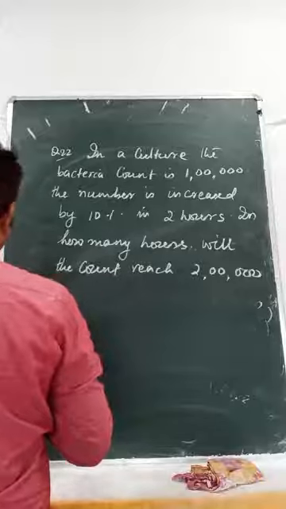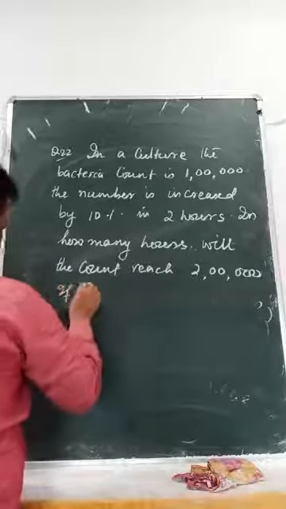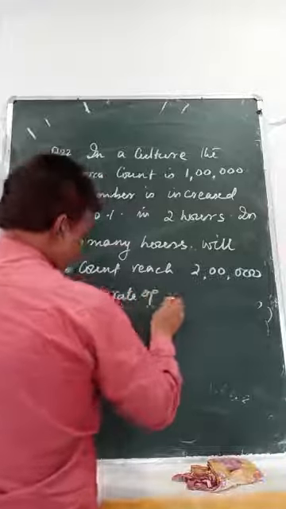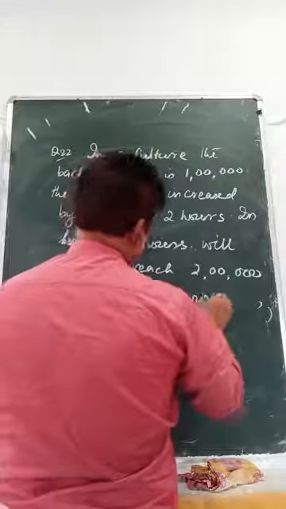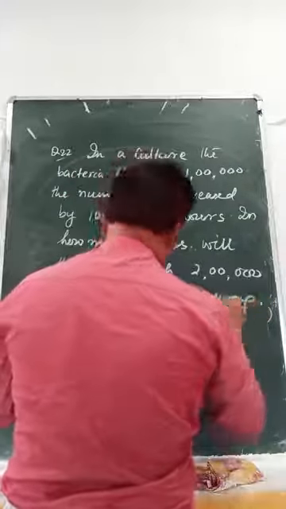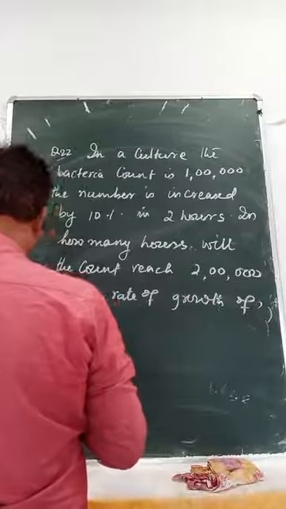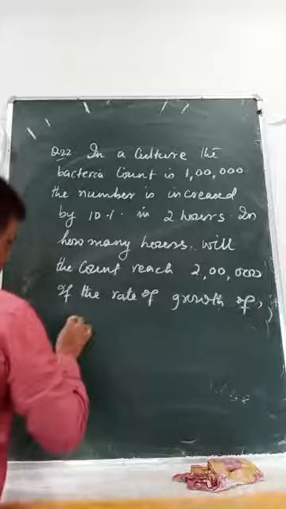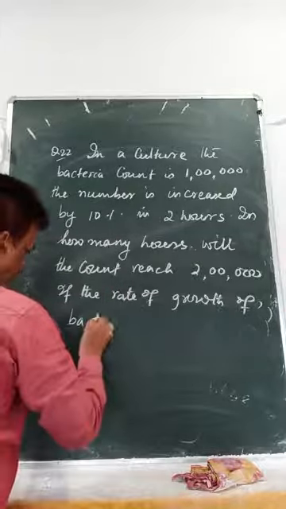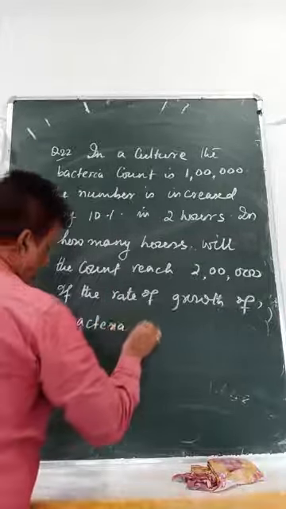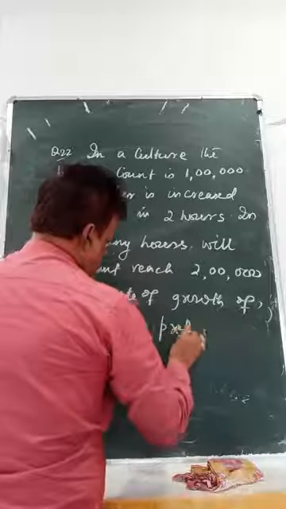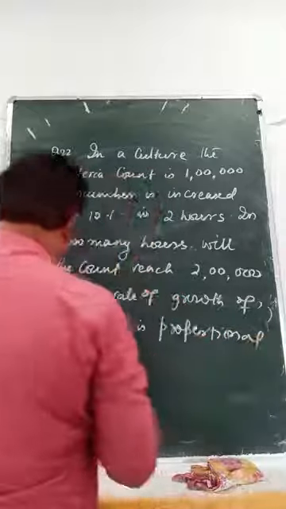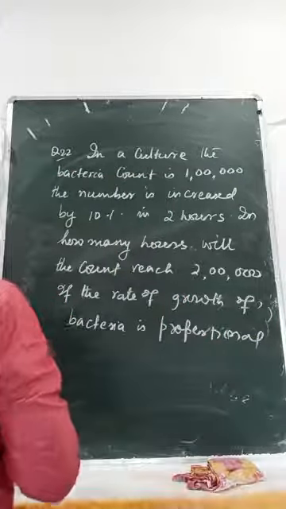If the rate of growth of bacteria is proportional to the number present.